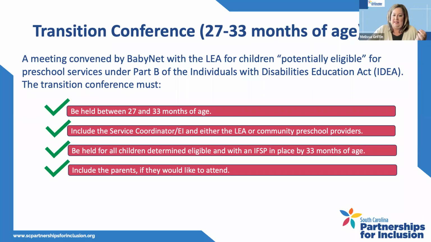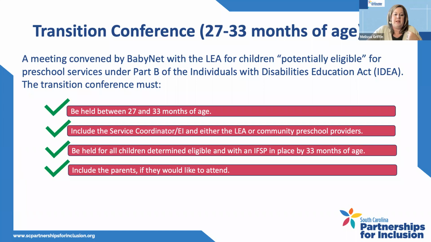And it should include the parents, other family members if requested by the parent, an advocate or a person if the family requests that, a person who is familiar with the child and can share information about the child, the Part C personnel or service coordinator, the person involved in the evaluation and assessment, and the LEA or community preschool providers. If a child comes in after 33 months of age, they do not require a transition conference.